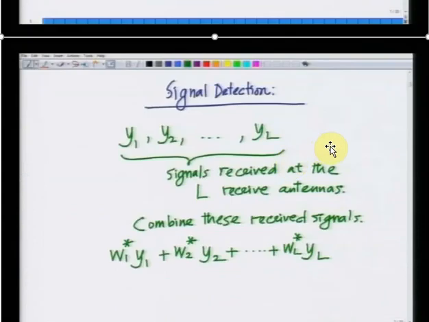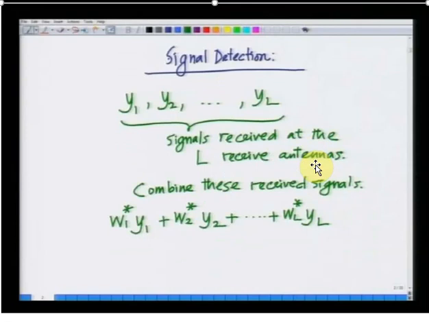We will see how the signal is detected from multiple receive antennas. We receive multiple copies of the signal at the L receive antennas, given by Y1, Y2 to YL.